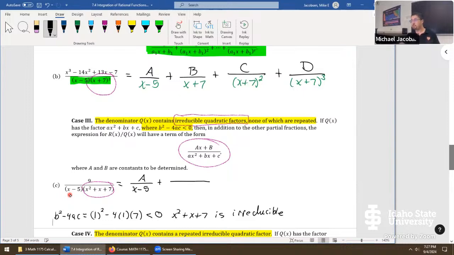But then when we go to the irreducible, we need 2 more coefficients, so it should be Bx plus C over x squared plus x plus 7. So this is the part that's new in case 3, irreducible quadratics. Any questions, folks, with that case at the moment?